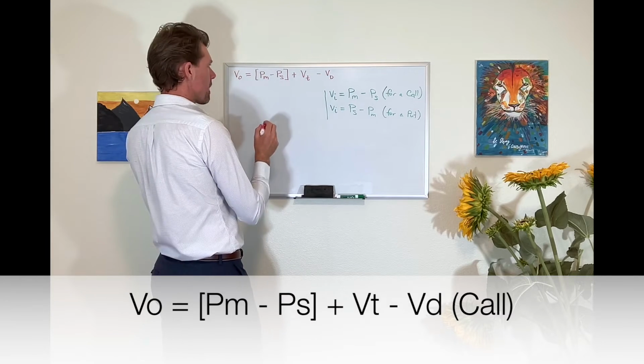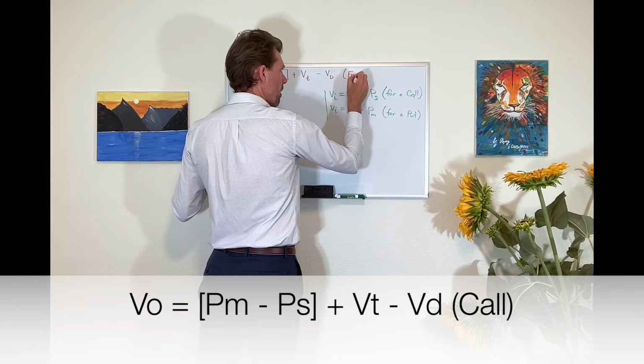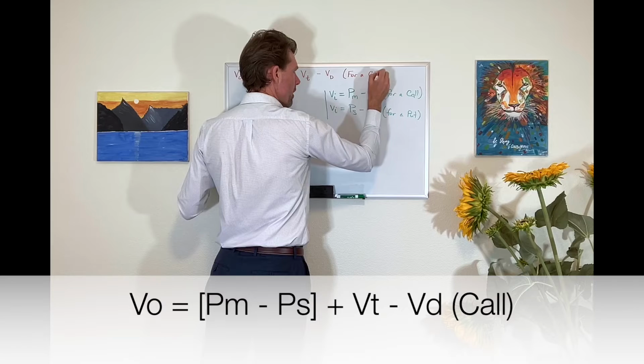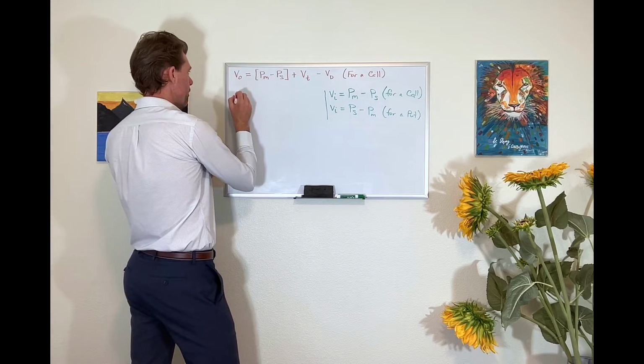Okay, so there's the expanded version of the formula. And again, this is for a call option. Now we're going to write it down for a put.